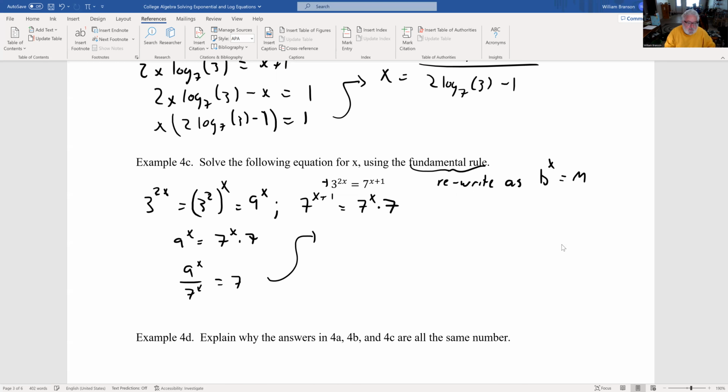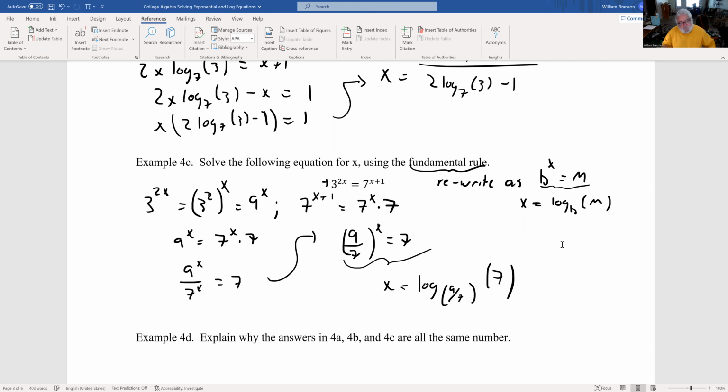Or finally, you have 9 over 7 quantity to the x equals 7. So we have it rewritten like this. And the fundamental rule tells me then that x is equal to log base b of m. So x equals log base 9/7 of 7. And so there you have it.